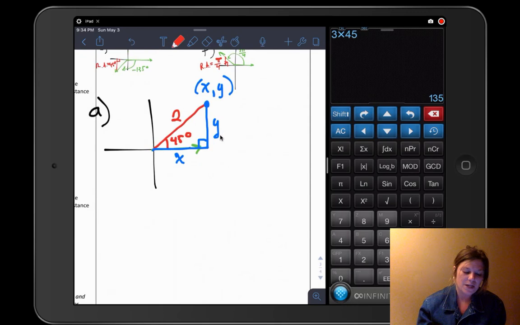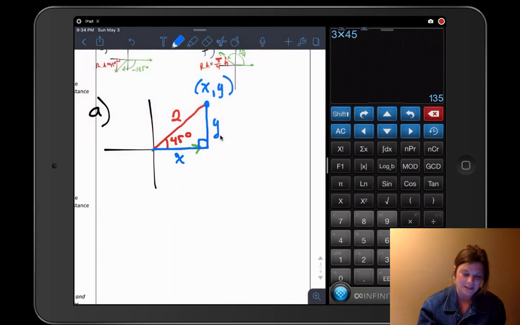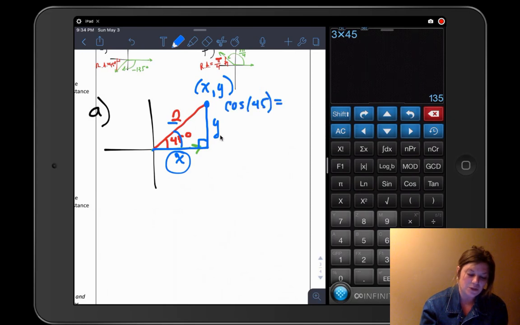That's all we have to think about. So let's try to solve for the x first, okay? So I'm going to use blue for x. X is right here. We know we have an angle. We have the hypotenuse and the adjacent. So that means we have that the cosine of the angle is equal to the adjacent, which we don't know, it's the x-coordinate, over the hypotenuse of 2.